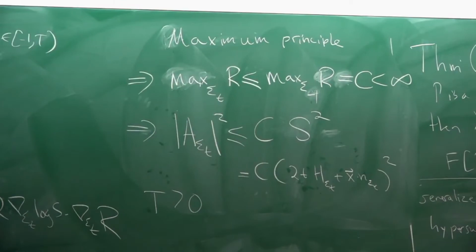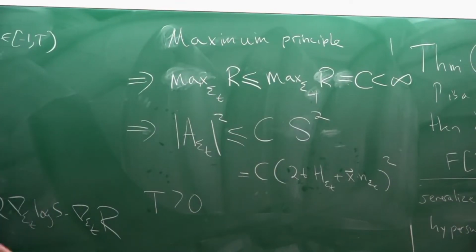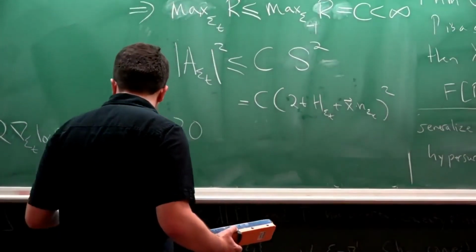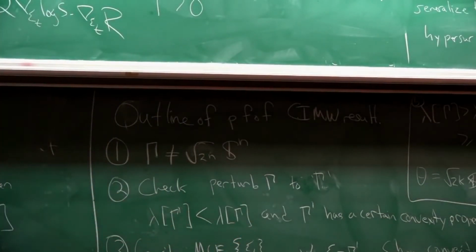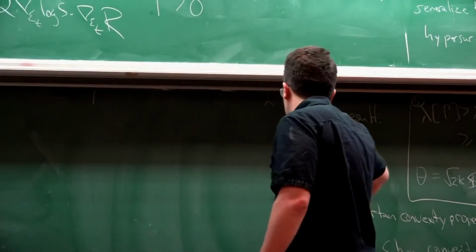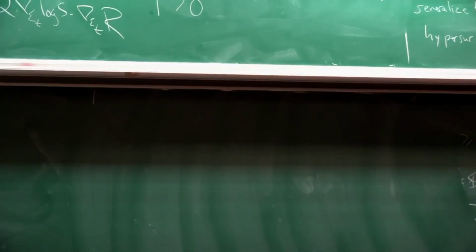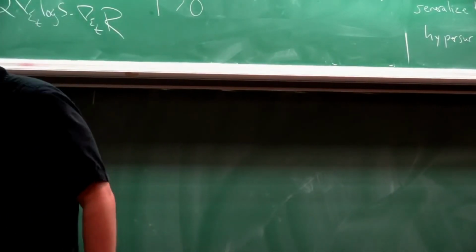So what this essentially says is that at the singularity the model has to be mean convex. It's a little more complicated in principle. So let me just say what happens.